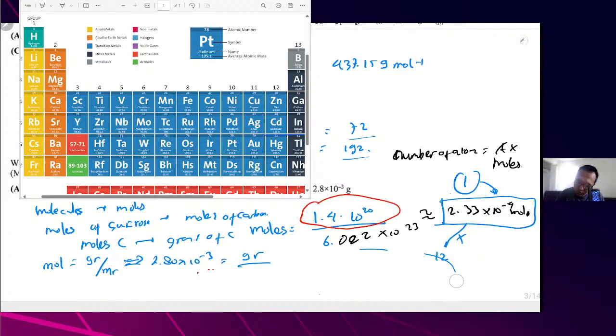Sorry, not Mr. Let me take a look first. What's the function of Mr? Let's take a look at this one. 2.33 divided by 12.